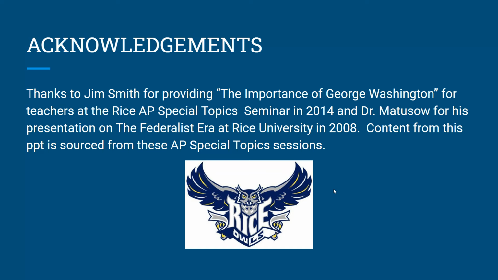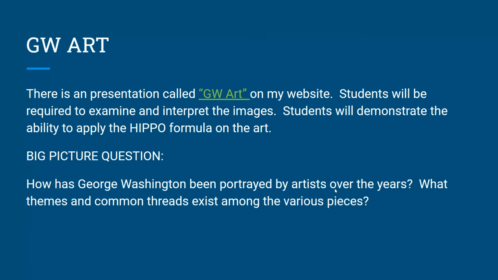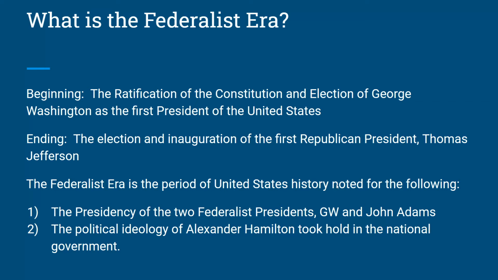So moving on, we're going to look at the Federalist Era. And what is the Federalist Era? The Federalist Era begins with the ratification of the Constitution and the election of George Washington as the first president of the United States. That's 1789. Okay, we've got a brand new Constitution.